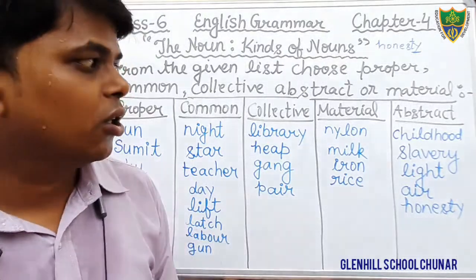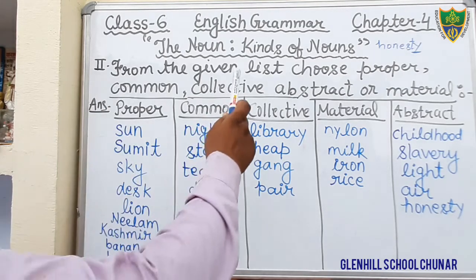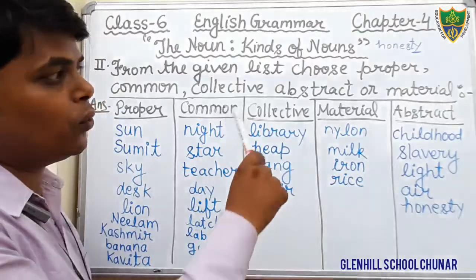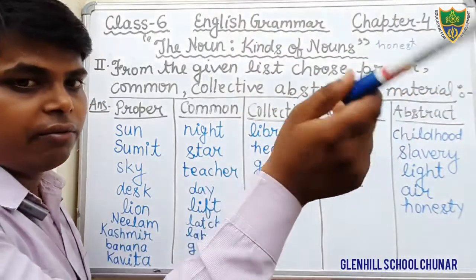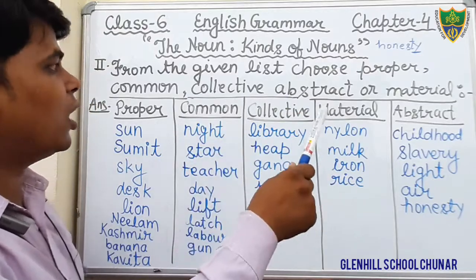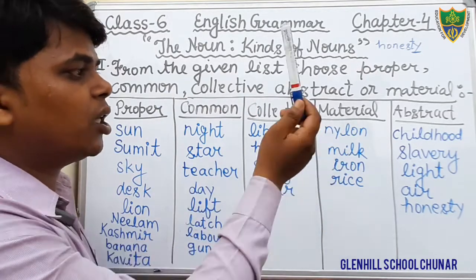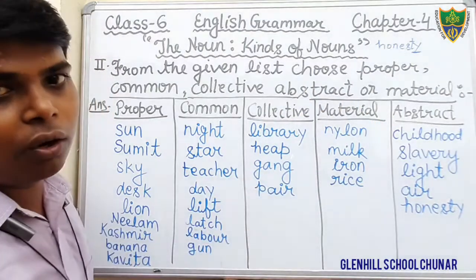Okay, students. So, in this way, we have completed the second exercise. I have not mentioned the list which is given in your book. I have written in systematic order which one is proper, which one is common, which one is collective, which one is material, and which one is abstract noun.